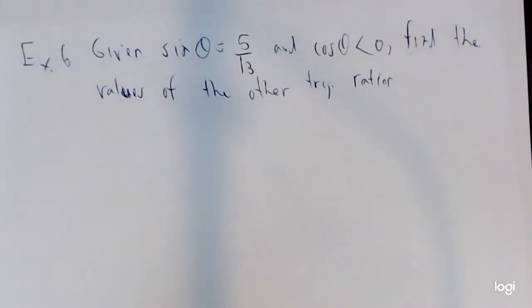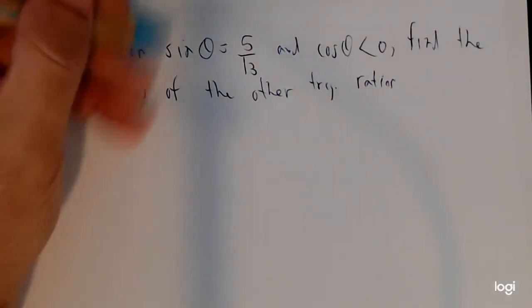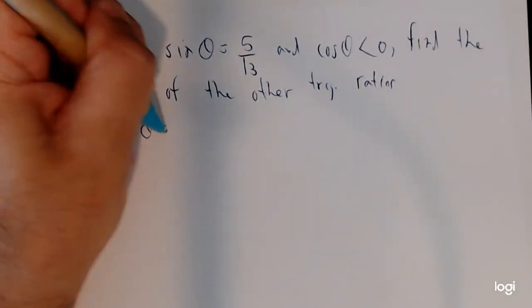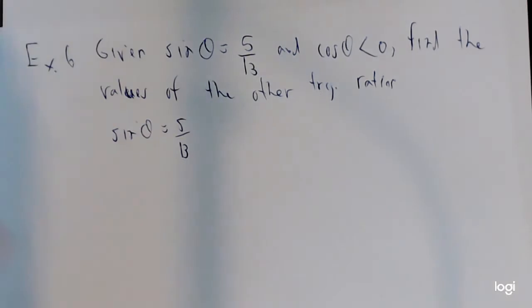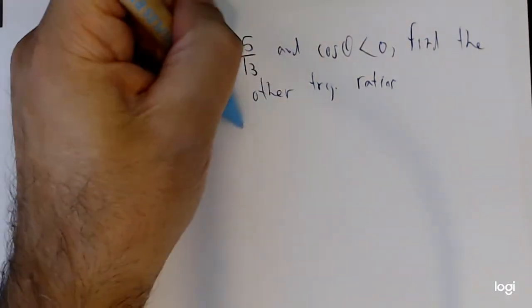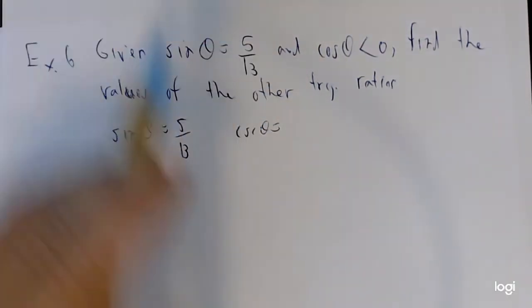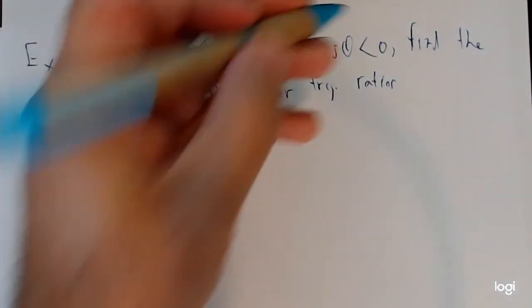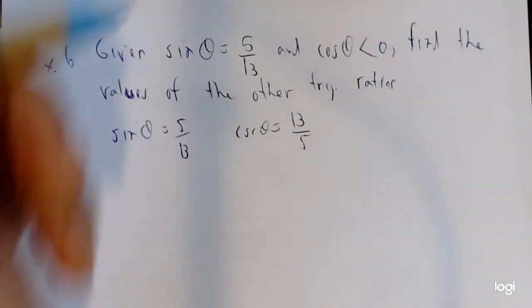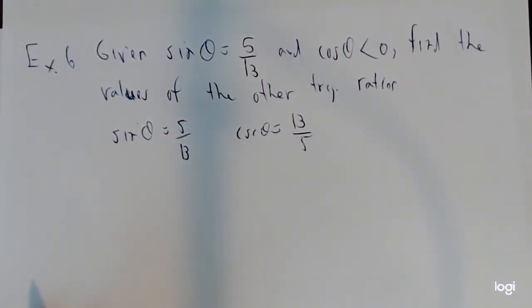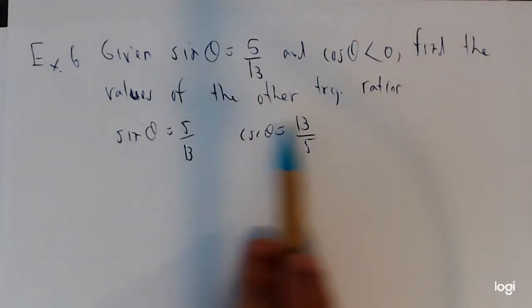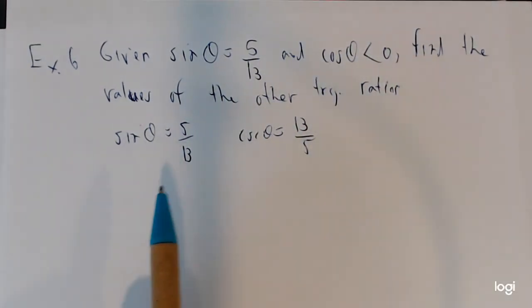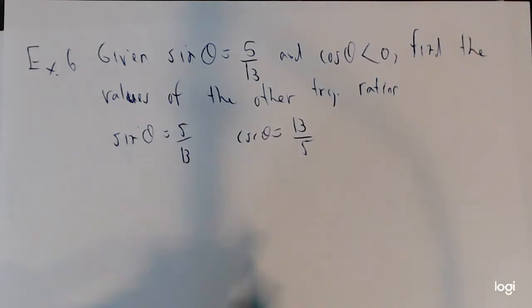Okay, so here's what we know. We're given that sine of theta is 5 over 13. And by the way, since we know sine of theta is 5 over 13, we also get cosecant of theta for free, because cosecant is just the reciprocal of that, so it'll be 13 over 5. However, what I need to figure out now is to find the other trig ratios like cosine, secant, tangent, and cotangent. I need x, y, and r.